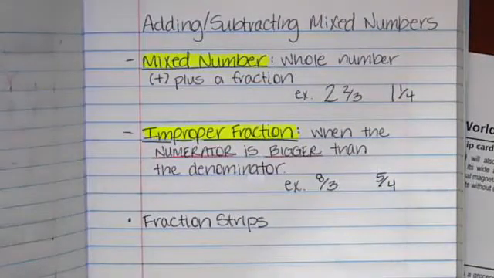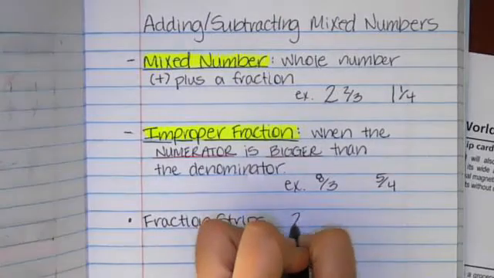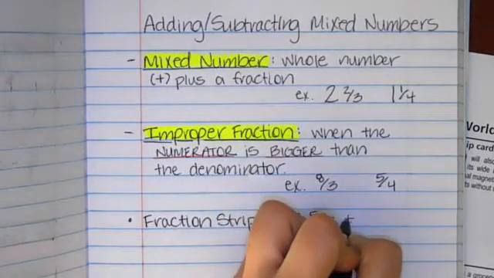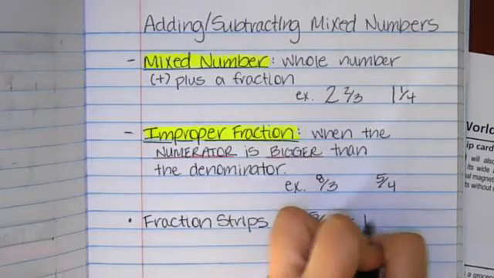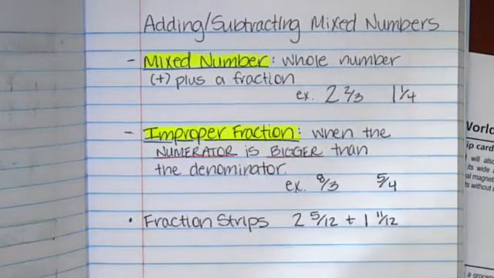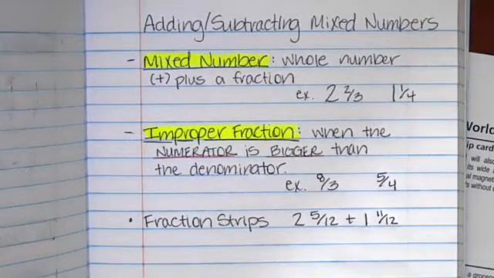The first way that we can model our addition or subtraction of mixed numbers is using fraction strips. So I would have the problem 2 and 5/12 plus 1 and 11/12. We're going to draw both of these amounts in fraction strips.